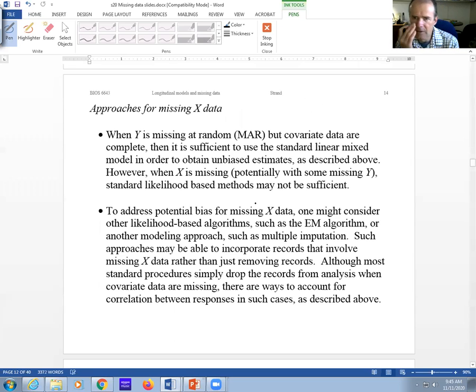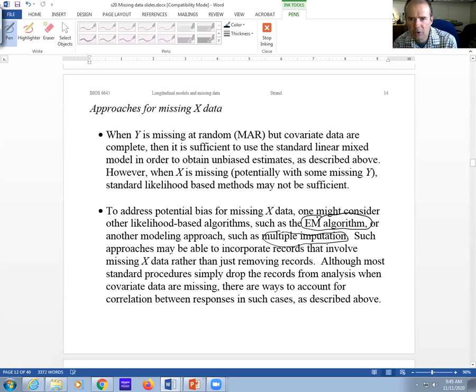So what we've talked about up to this point is actually missing Y, missing outcome data. What if X is missing? Well, that might require other types of approaches. You could try multiple imputation there. You could try employing the EM algorithm.